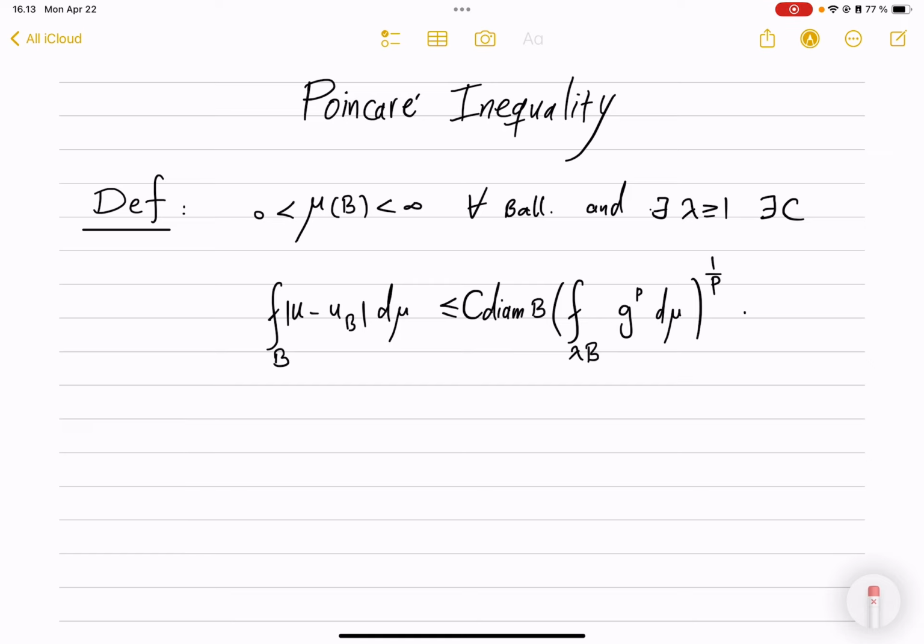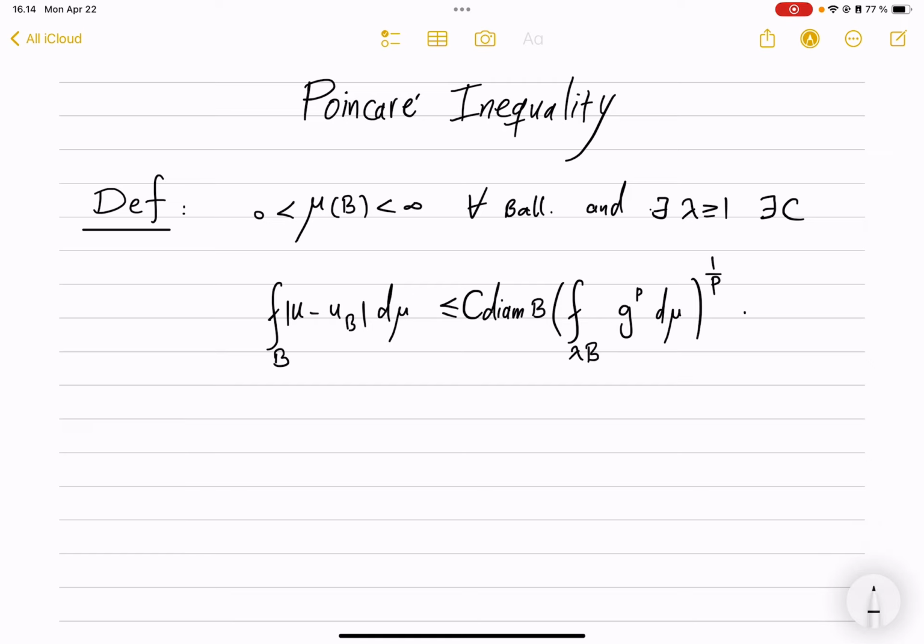And for every upper gradient g, we have that the average oscillation of f, or u here, from its average value over the ball is bounded by diameter times the average of the L^p norm of g to the power 1 over p. And here lambda allows for some dilation of the ball, and c is a universal constant.